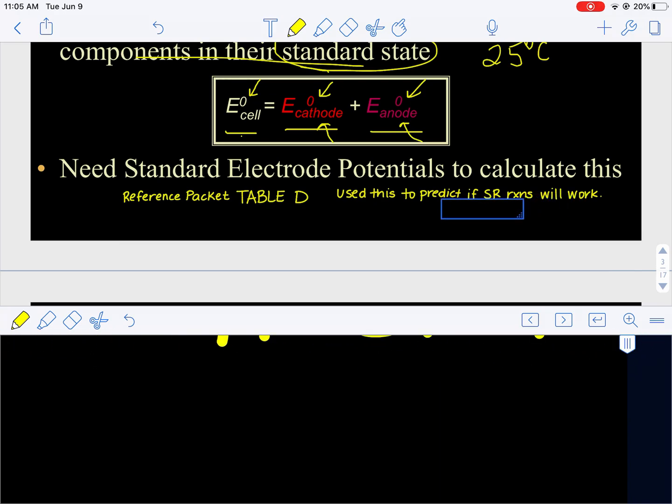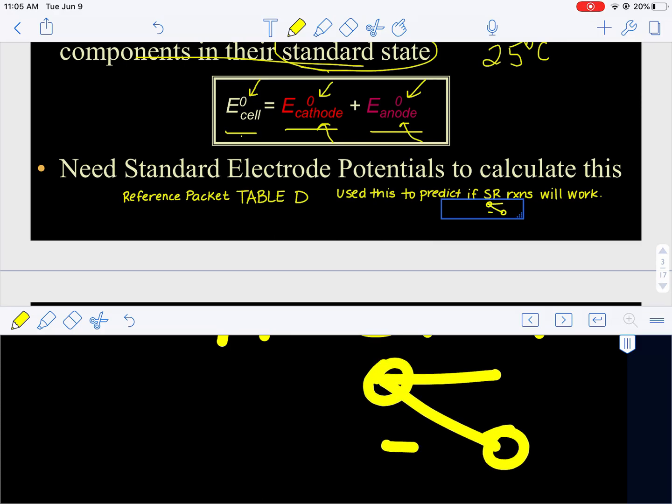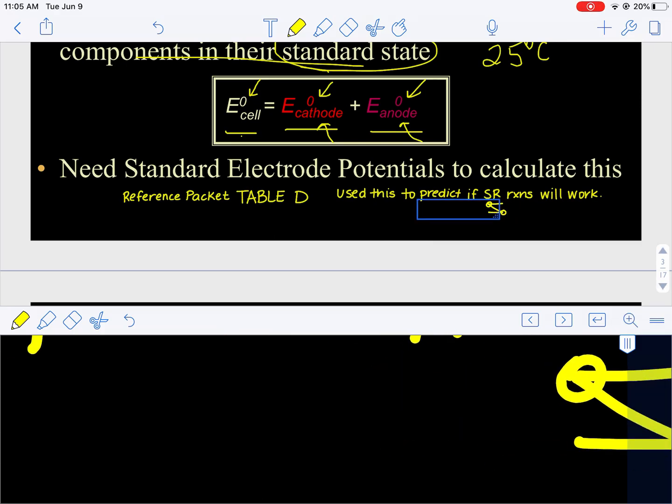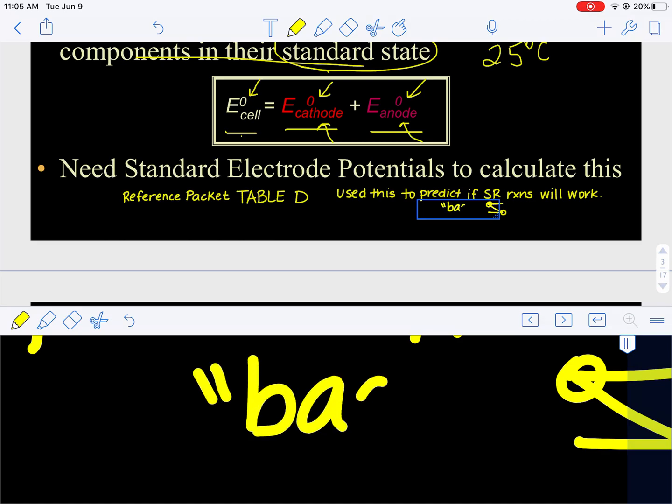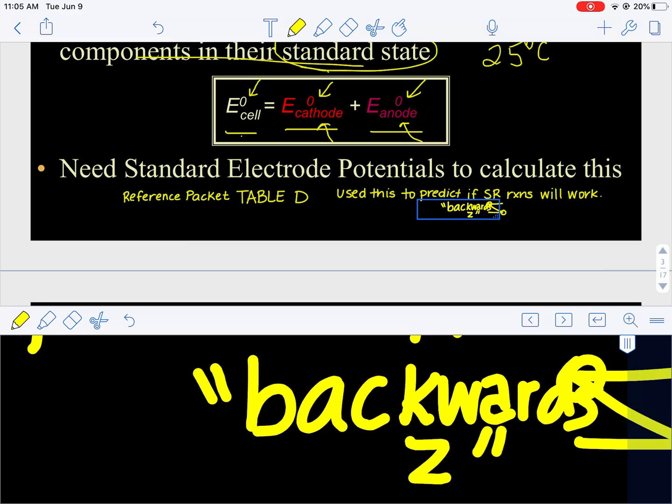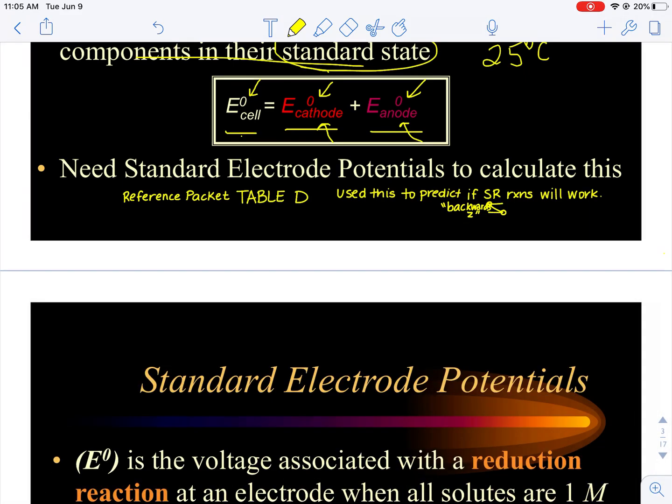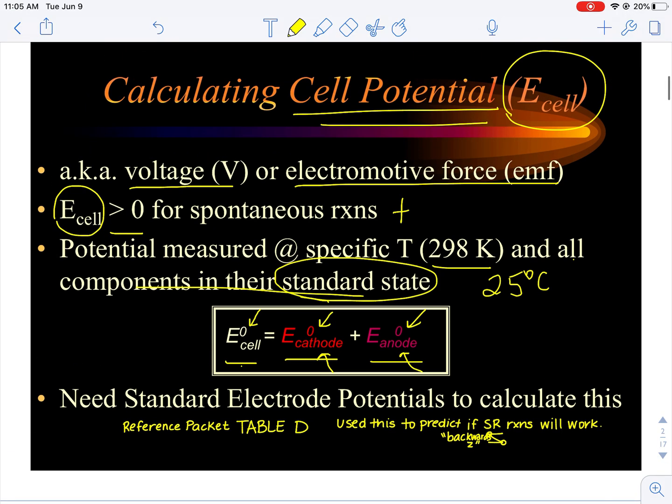If you remember, what we needed in the single replacement reaction was to make this backwards Z. Sorry for my cramming of the letters here, but that's what we were using that chart for, to see if the single replacement reaction would work if we made that backwards Z.